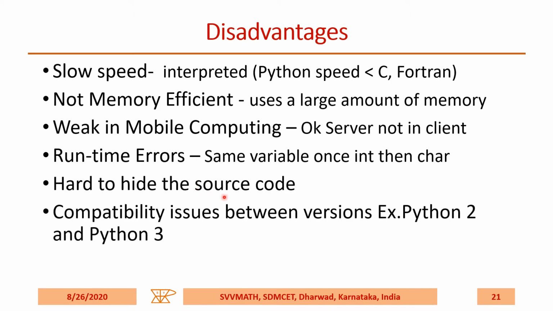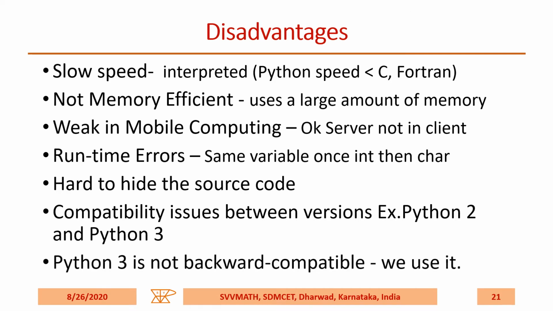Hard to hide the source code. Compatibility issues, especially between Python 2 and Python 3. And remember, we are going to use Python 3 only. Python 3 is not backward compatible, but remember we use Python 3. Don't try to execute any Python 2 code in Python 3.